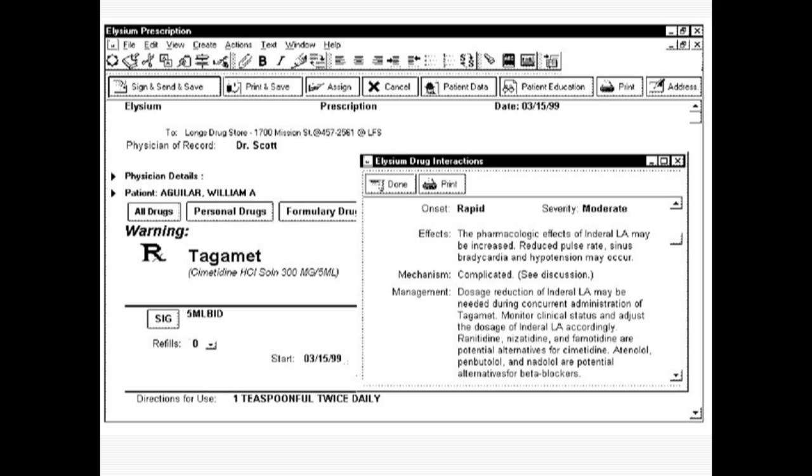So all this information is contained inside a single window. This is how an electronic prescription will look in the journal. It may vary with different software systems, but it is the basic information that an electronic prescription contains.